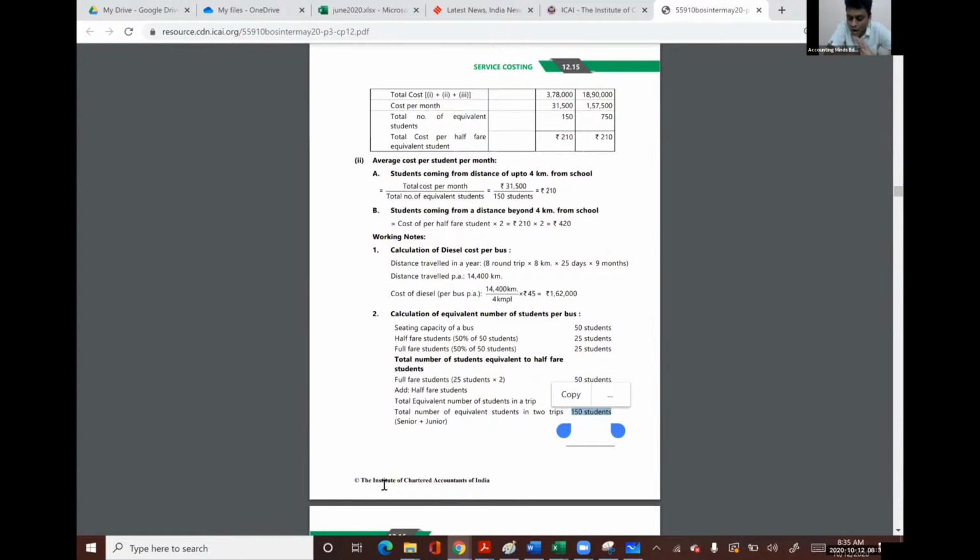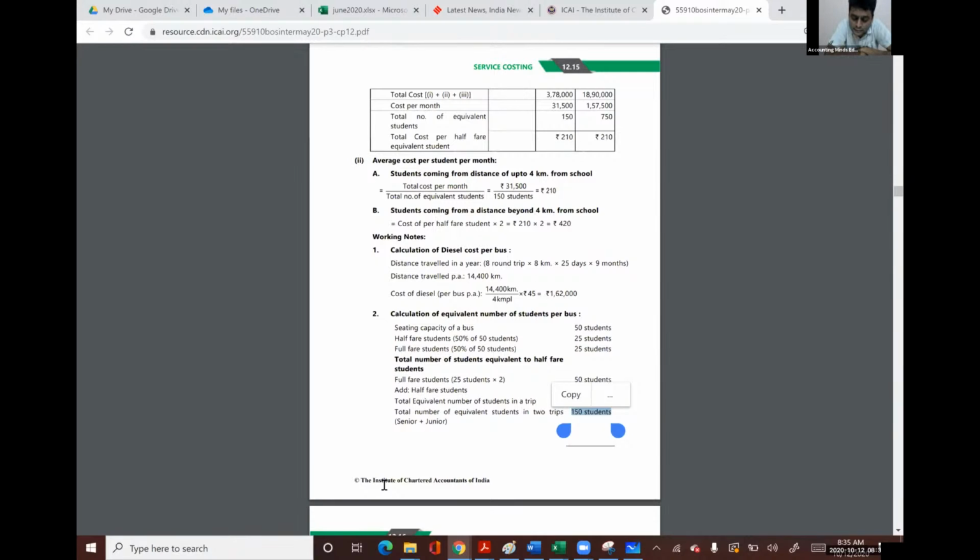Correct or not? So you can do half of it. Or here also you can multiply by 2. So 75 into 2 is 150 equivalent half-fare students.